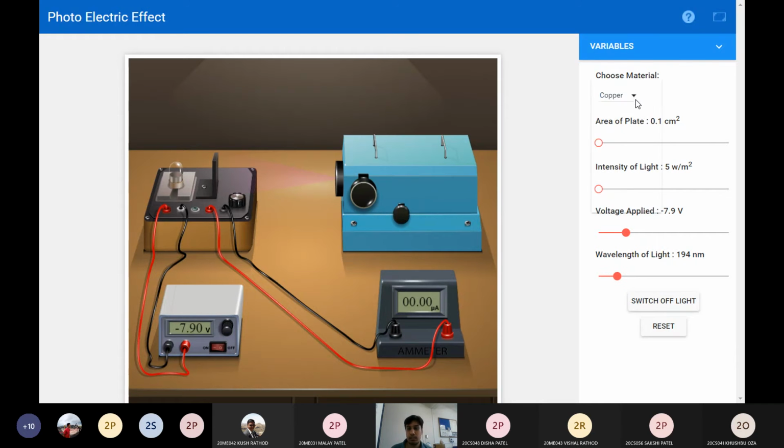But if I change the material, sodium, okay, reset, copper, let me put 430 nanometer.